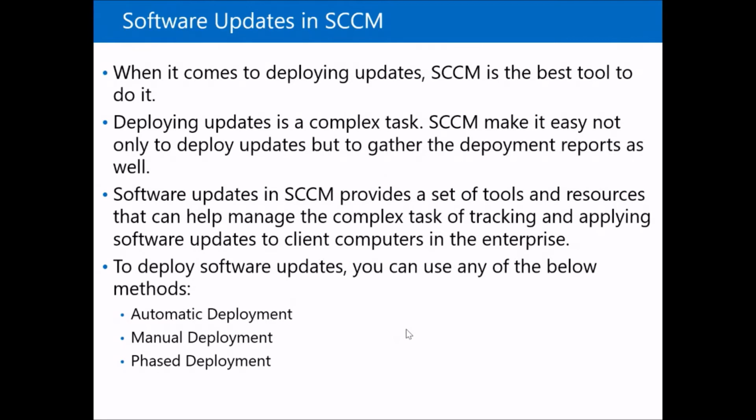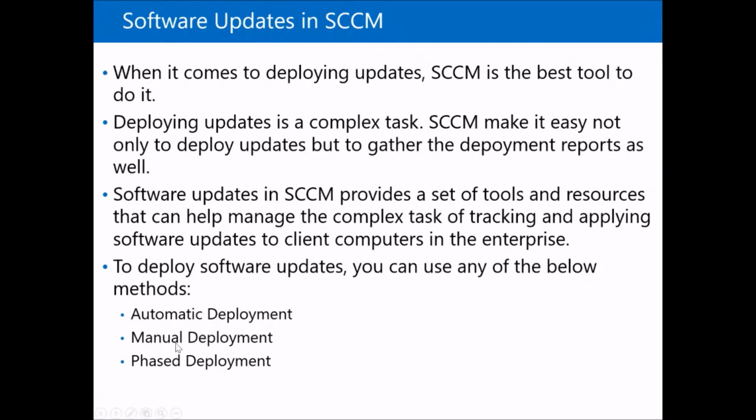Software updates in SCCM provides a set of tools and resources that can help manage the complex task of tracking and applying software updates to clients in the enterprise. To deploy software updates, you can use any of the below methods. Automatic deployment means once you've approved this update, it's deployed automatically, meaning to all the computers.